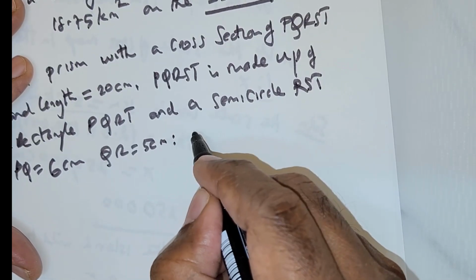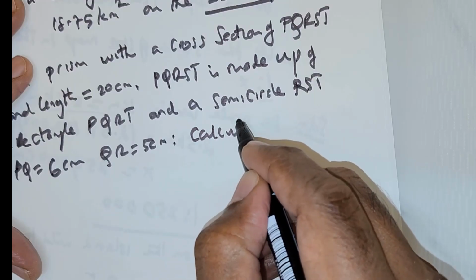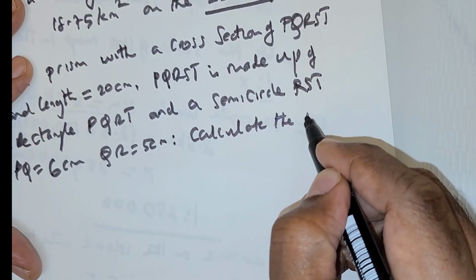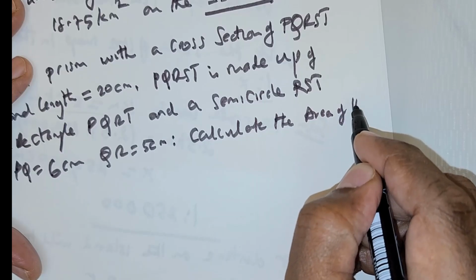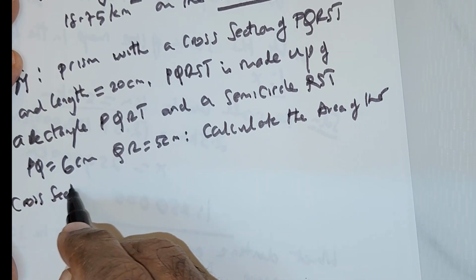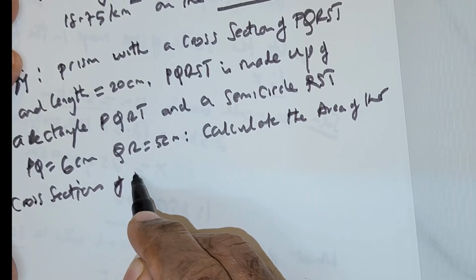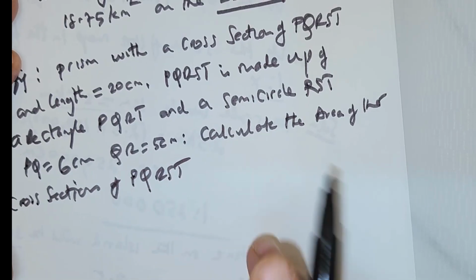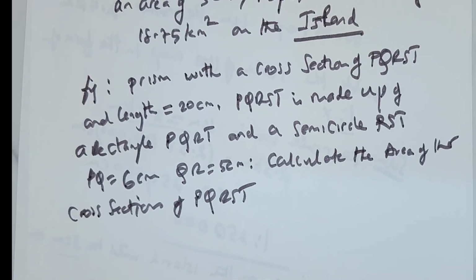Now we are asked to calculate the area of the cross section of PQRST. Okay, that's the question.